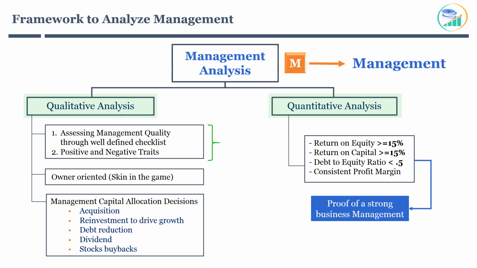We also ensure management is owner-oriented, having the right motivation to take decisions that have a positive impact in the long term. Lastly, capital allocation decisions to drive long-term growth and appreciation in stock value. In this session, let's understand the traits of owner-oriented management.